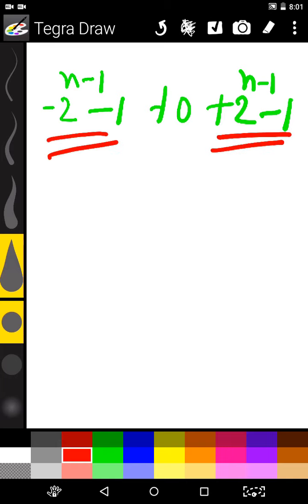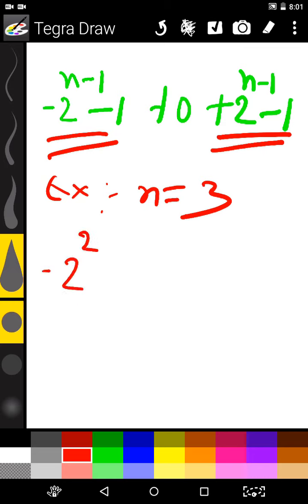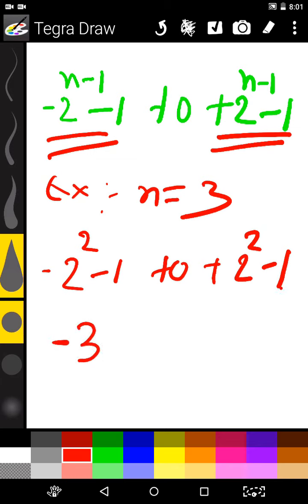For example, n equals 3: we can represent minus (2 to the power 2 minus 1) to plus (2 to the power 2 minus 1), that is minus 3 to plus 3, because a single MSB bit is used for the sign of the magnitude, and the rest of the bits express the magnitude of that number.